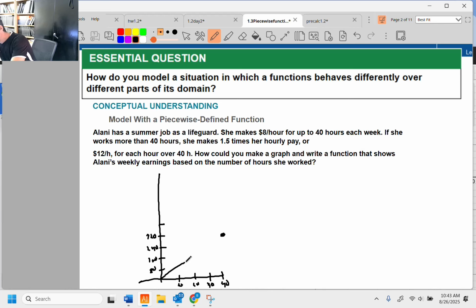After 40 hours, she starts getting overtime. Overtime is 1.5 times 8, which is 12 bucks an hour. So if she works 10 more hours, she doesn't make $80, she makes 120. If I'm still counting by 80s, I'd be at 400. If I have to add 120, about 440.